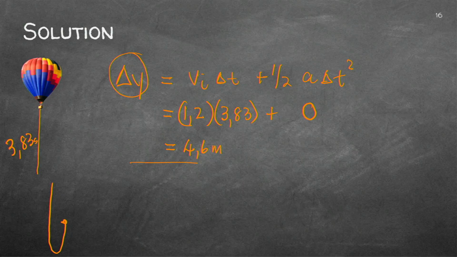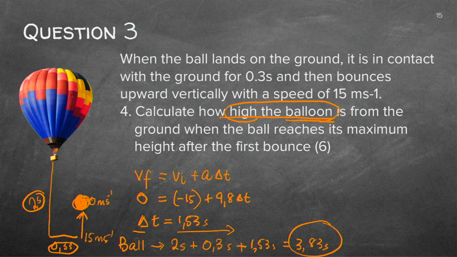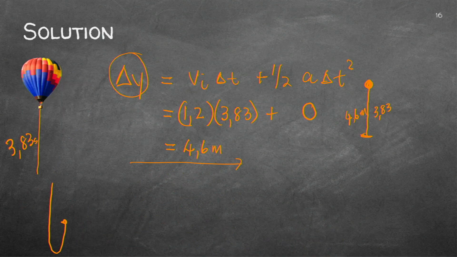Now be careful. The balloon traveled from that point there 4.6 meters in 3.83 seconds. Just have a look at the question. Calculate how high the balloon is. So what they want of me is what's the height from the ground.